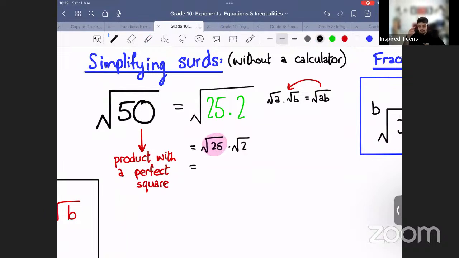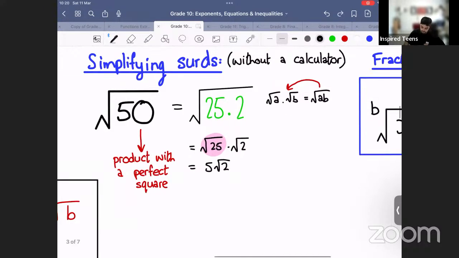That is the reason why I chose a perfect square: I'll be able to take out that square root when I do this rule. So square root 25 is 5. I'm left with 5 root 2.